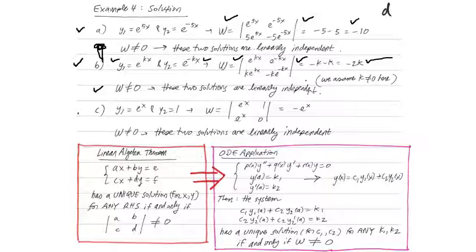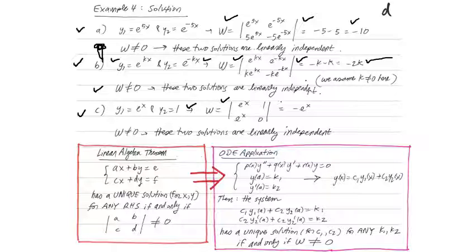In example C, we had y1 was e to the x, y2 was 1. Plugging those into our formula for the Wronskian, y1 and y2 are in the first row, then we differentiate going down each column. The derivative of e to the x is e to the x. The derivative of 1 is 0.